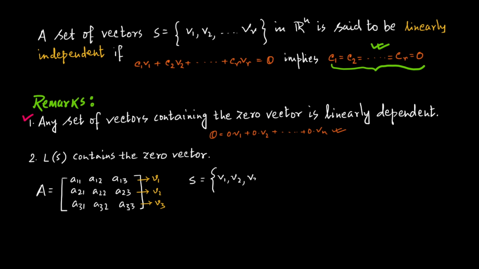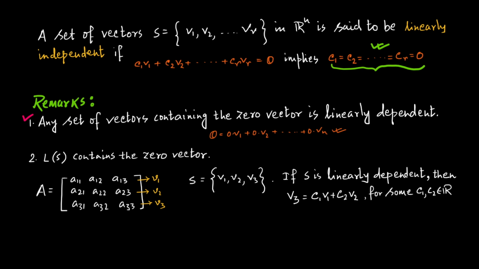Now, if this S is linearly dependent, then any vector in the set S can be written as a linear combination of the other two vectors in the set S. For example, say V3 is equal to C1 V1 plus C2 V2 for some constants C1 and C2.